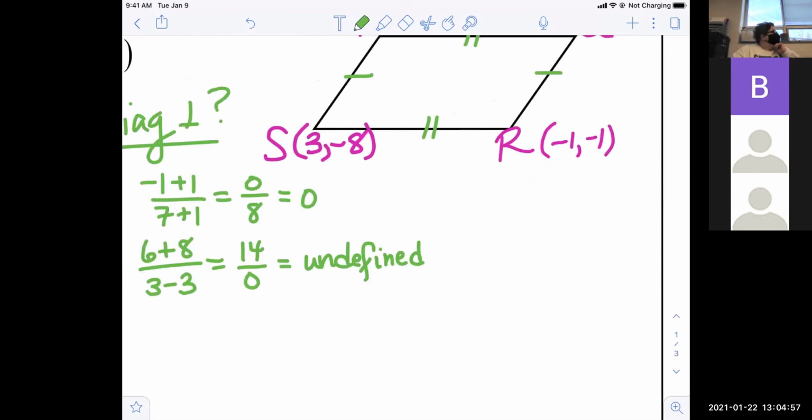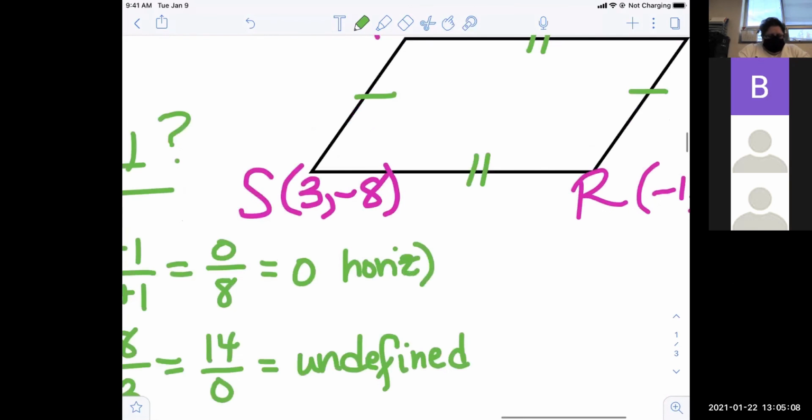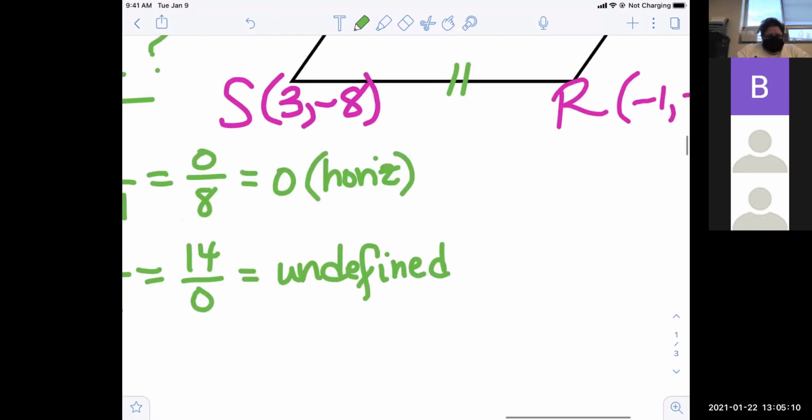Why? Which one is horizontal? Yes. So this is a horizontal line, and this one is a vertical line. So of course, they're going to be perpendicular.